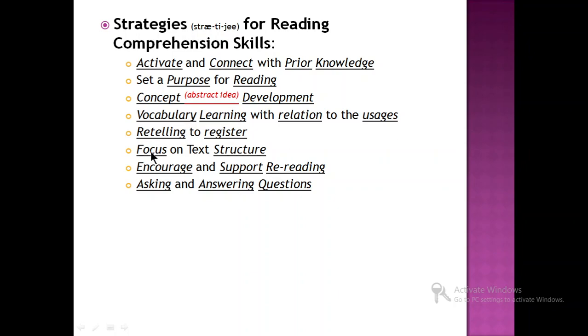Next one is retelling to register. When you are reading and want better comprehension, please keep this strategy in your mind.